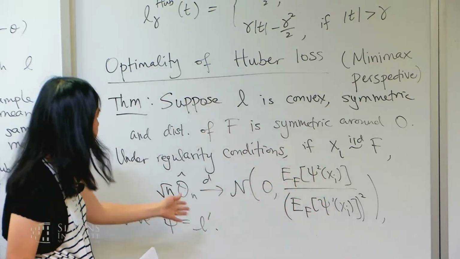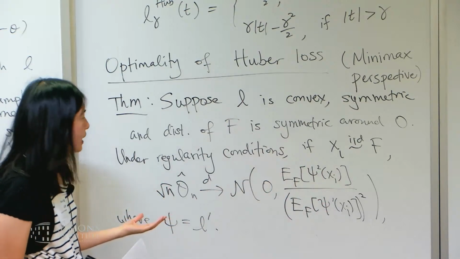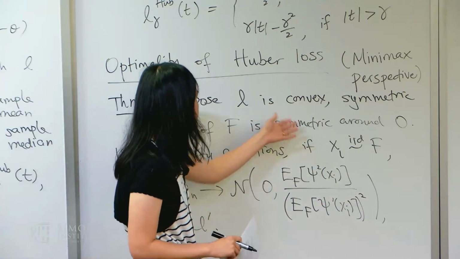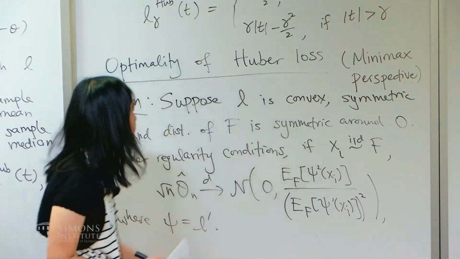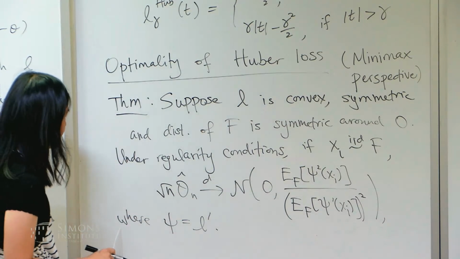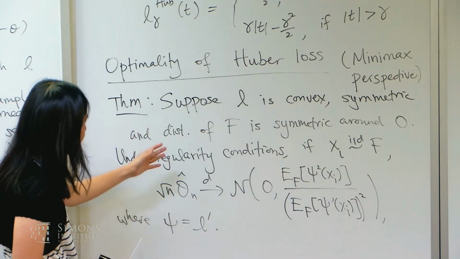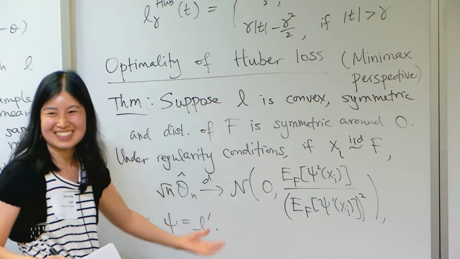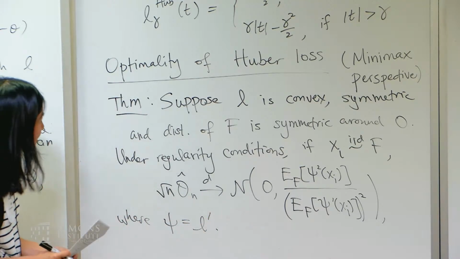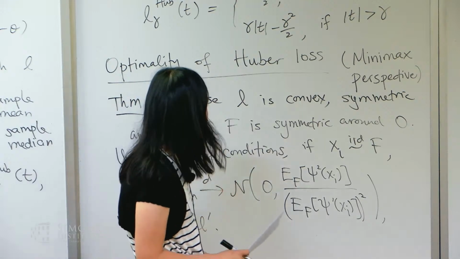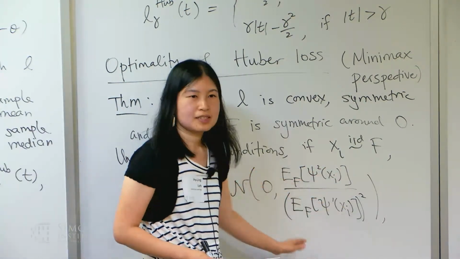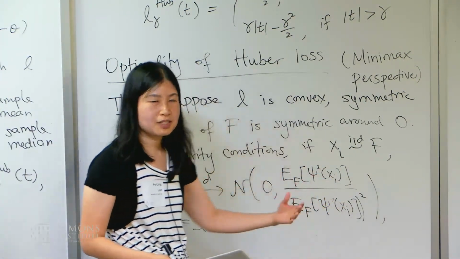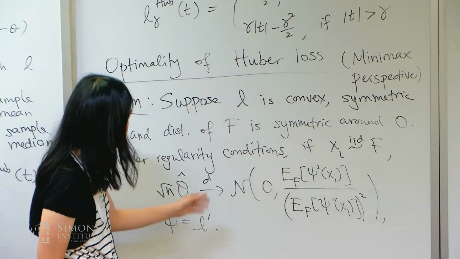Now, this is a special case of a much more general theorem, which can deal with asymmetric distributions and loss functions that don't satisfy the same regularity conditions. I'm not going to write down the regularity conditions, but as a first pass, the loss had better be differentiable, and there are some other requirements as well. So what does this give us? It gives us an expression to start working with.